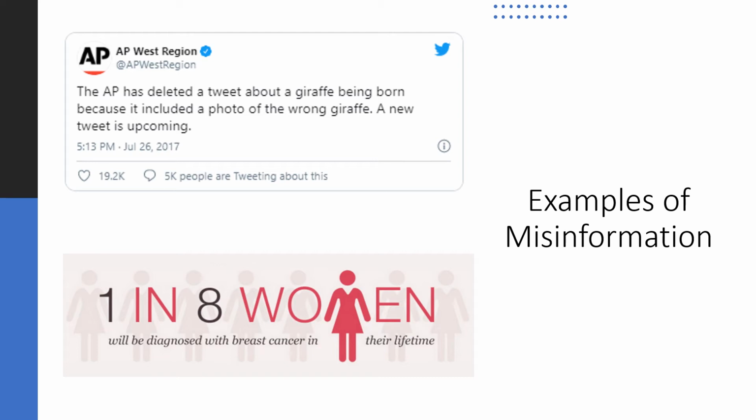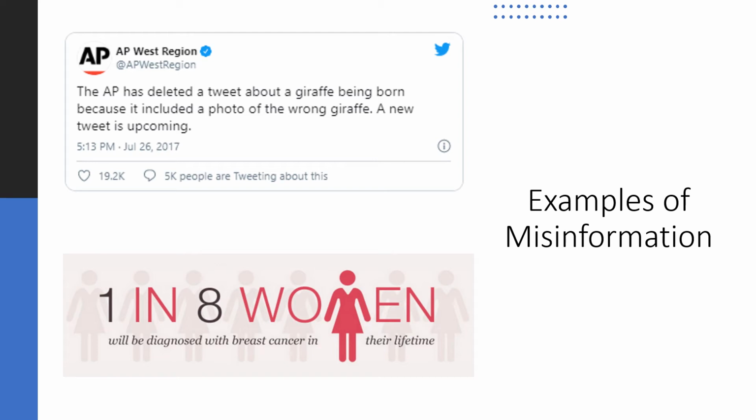This is an example of really an oversimplified statistic. The fact is, this becomes true, 1 in 8 women, for women that live to be in their late 70s. So the kind of uncouth way of saying this was, if something else doesn't get you first, this statistic becomes true.